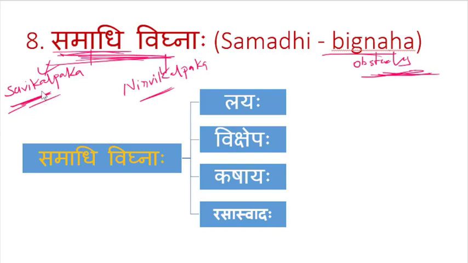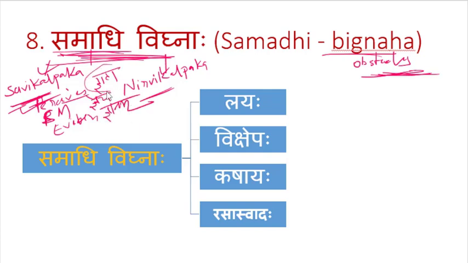Savikalpa means where three things are there: the Jnata, the pursuer, like you are pursuing something; what you are going to pursue, the subject matter; and through which you are going to perceive, that is called the evidence. In common words we can say Jnata, Jneya, and the third one called Jnanam.